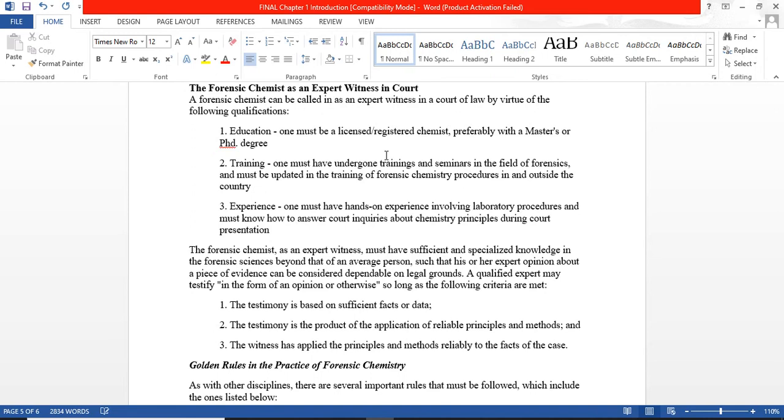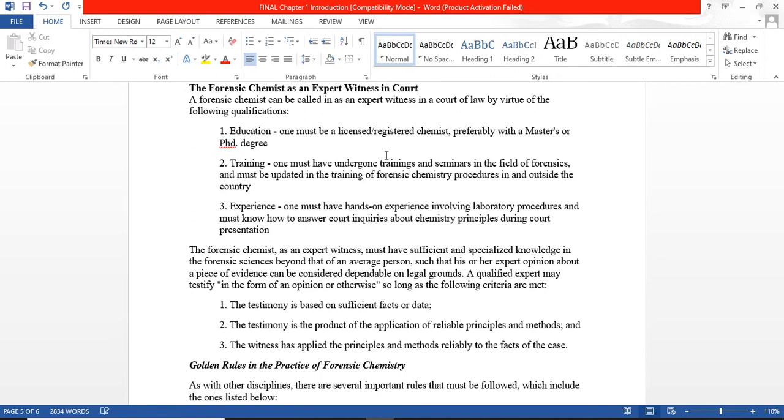Kaya may lain-lain nga procedures depende sa country. Next is expertise. Ibig sabihin, may hands-on experience na siya involving sa atong laboratory procedures and must know how to answer the court inquiries about chemistry principles during court presentation.